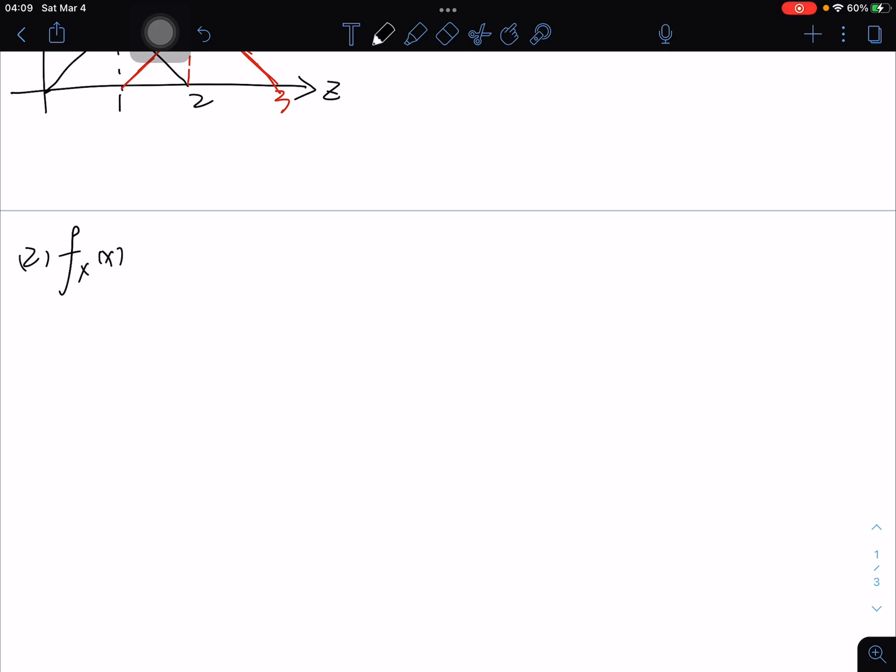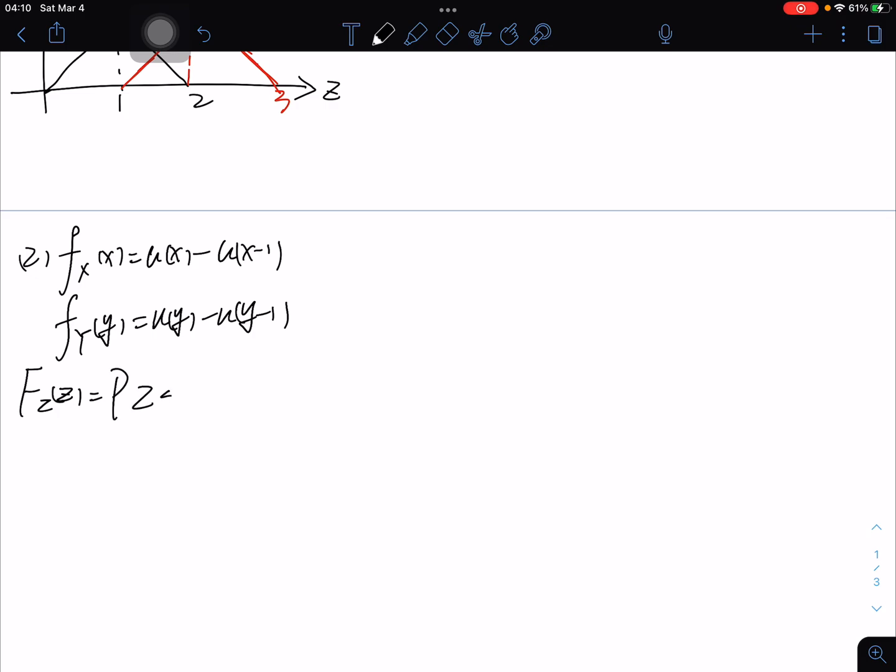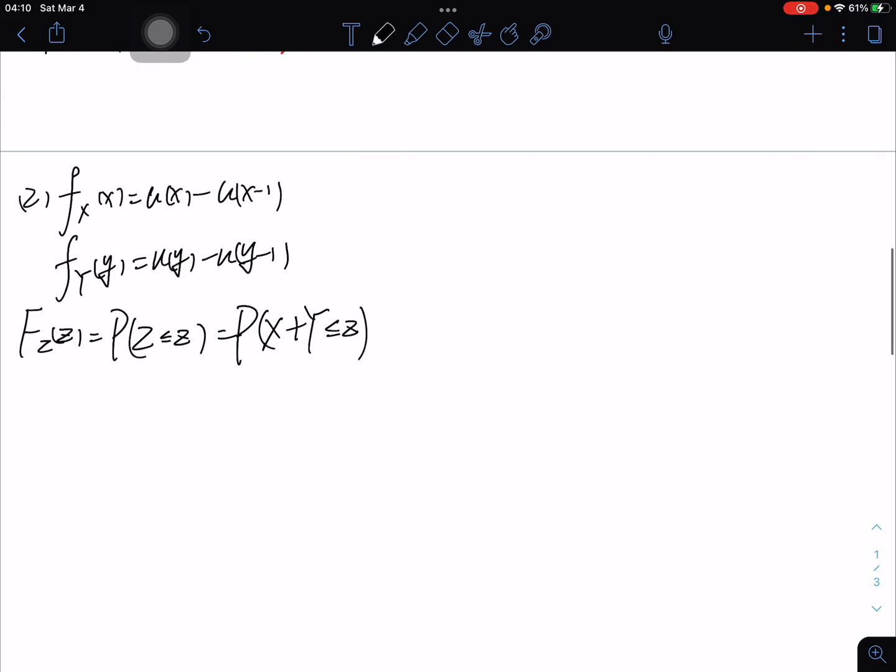The CDF F_Z(z) equals P(Z smaller than z), which equals P(X plus Y smaller than z), right?